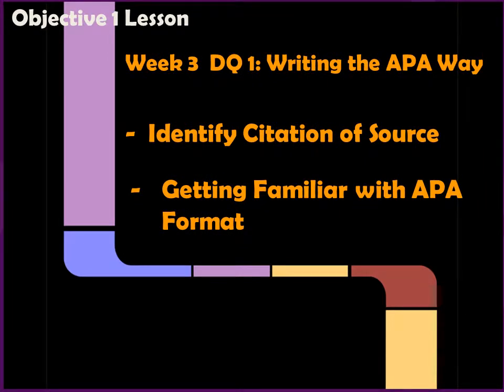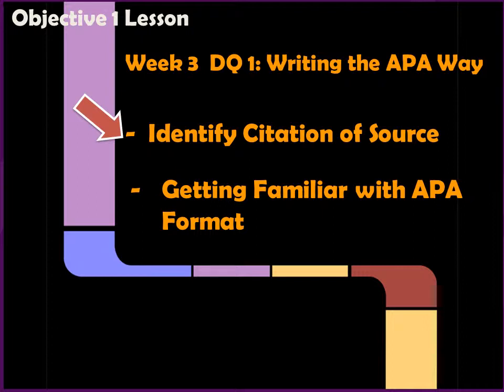Week 3 DQ1 is about writing the APA way, and one of the activities that you have is to identify citation of a source in the sample student works that I will attach in the DQ1.